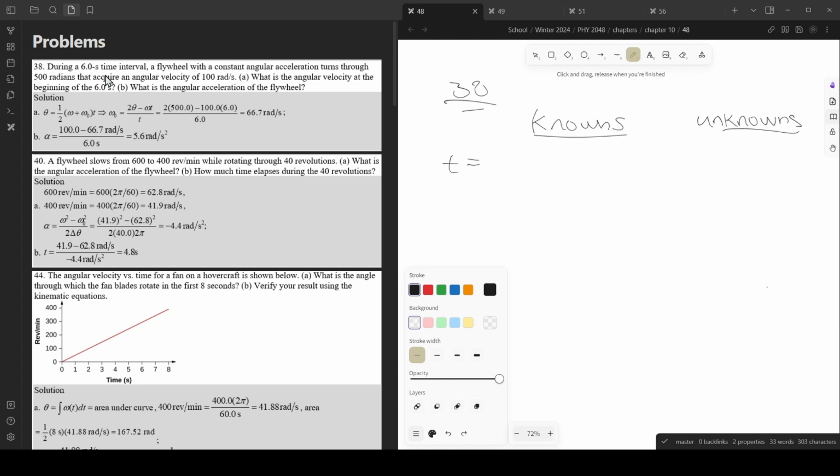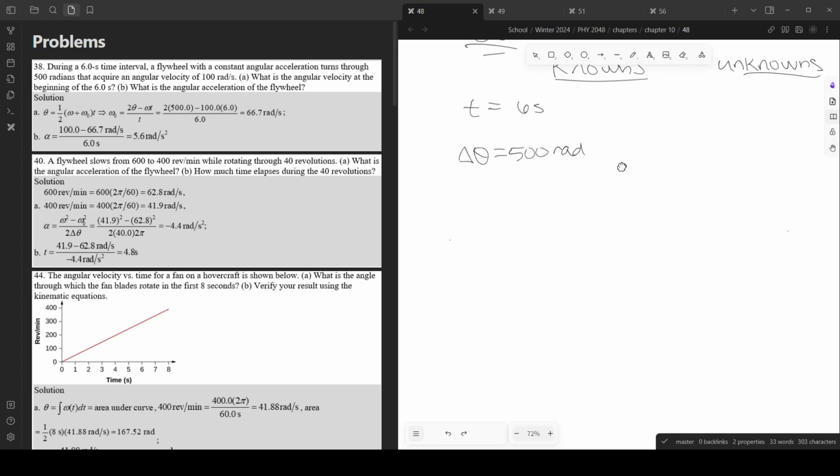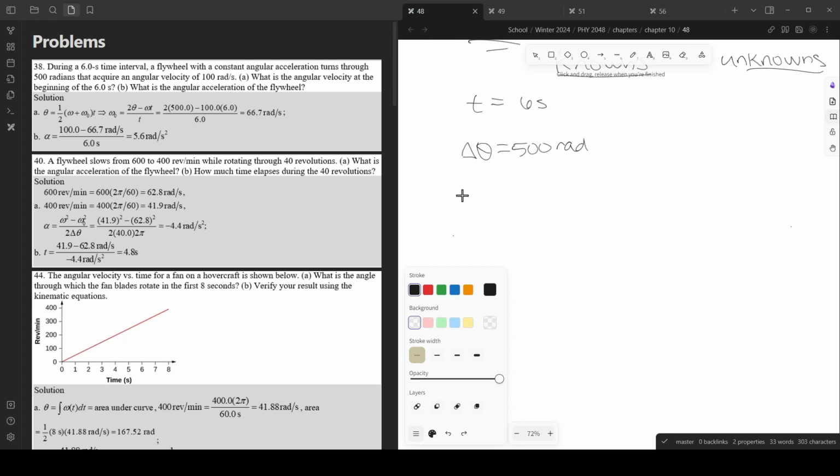We know the time, and we know the delta theta. The angular displacement is 500 radians. And that it acquires a velocity, so its final velocity is given. Its final angular velocity, I should say.